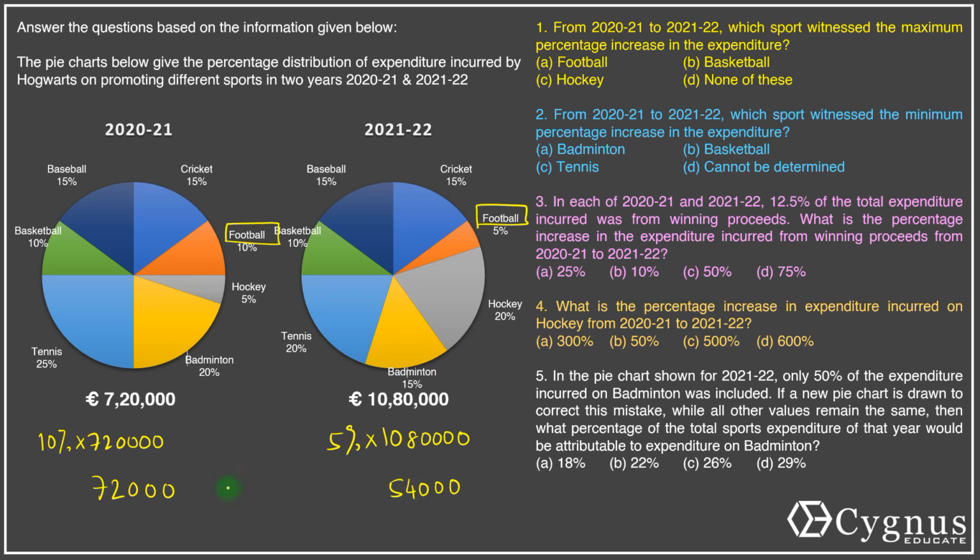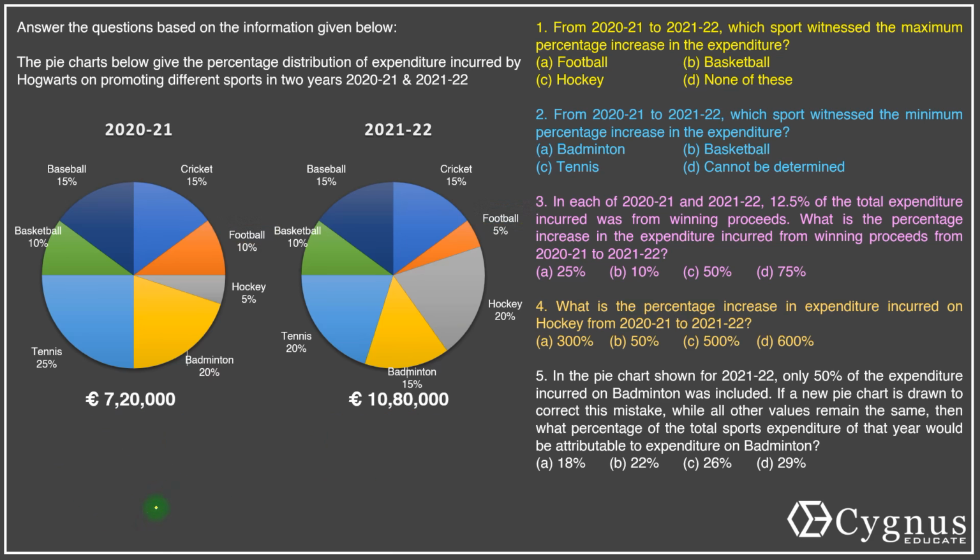The only problem is that we'll need to do this calculation so many times that it will become frustrating at a point. Instead, if you realize that finally when you need to calculate the percentage change, all you need to do is see 54,000 is how much percent of 72,000.